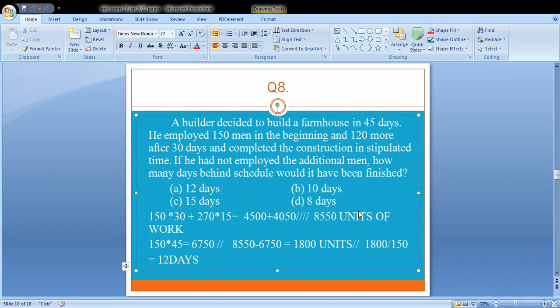So 12 days beyond schedule. That's all. Hope it is clear to all of you.